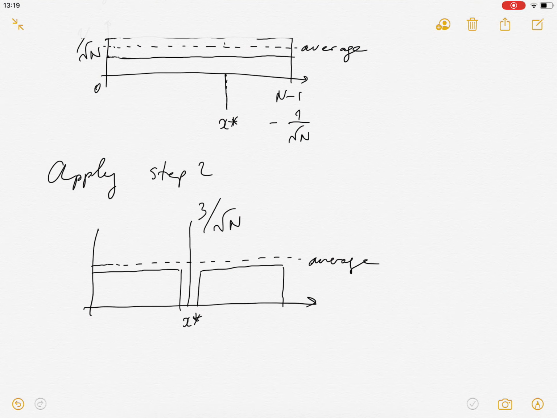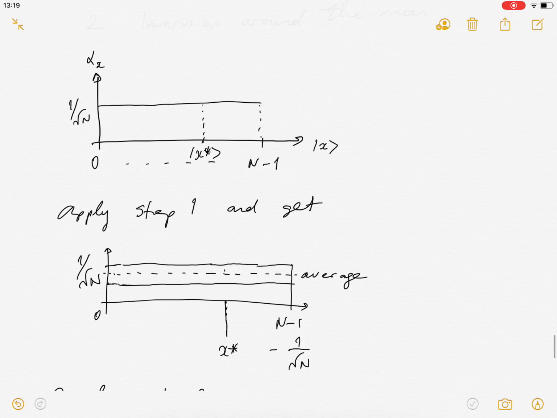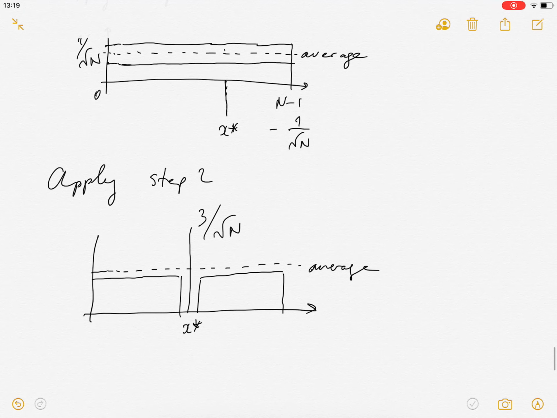So this is just one iteration. In the second iteration, we do the same. We do a phase inversion of the key value, so the new amplitude of the key value will be -3 over square root of n. Okay. And then the rest of the amplitudes will remain the same, but the average will go even lower. And then again we apply the second step, inversion around the mean.